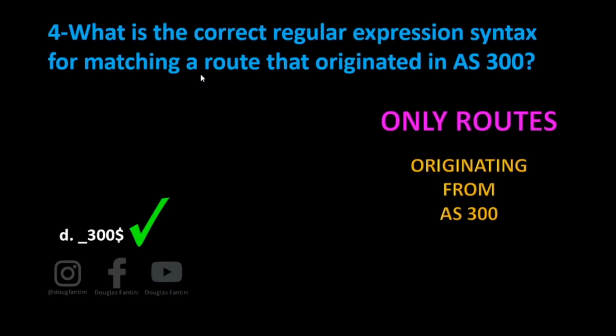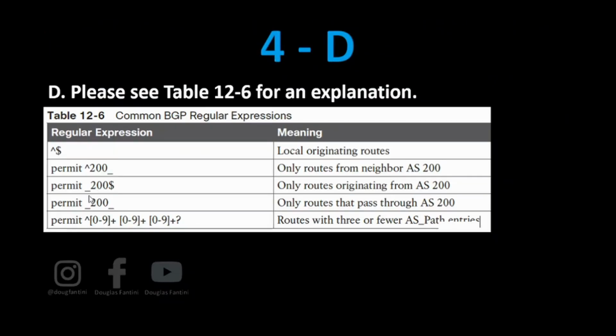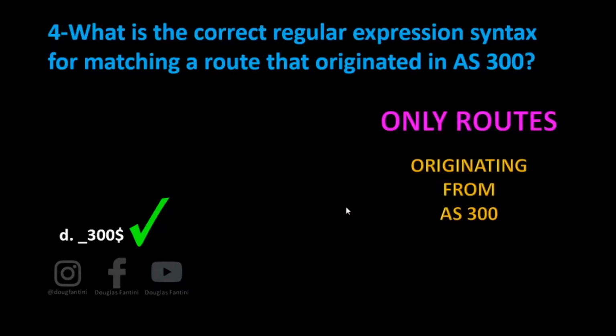So if you want a route that originated in AS 300 only, okay, only AS 300, you must type like this: underscore and dollar sign. Only routes originating from AS 200 in this case, 300 in this case, or whatever you type in your command.